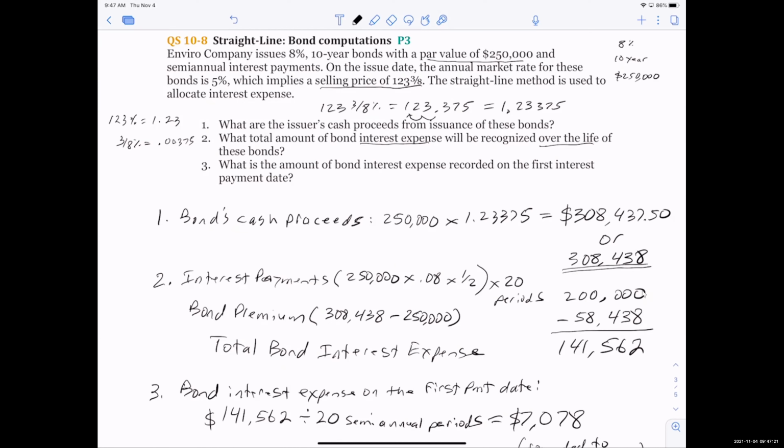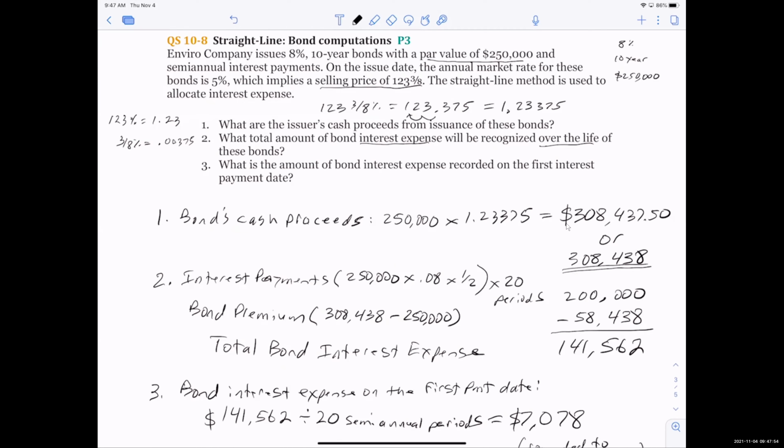But wait, we've got to amortize our bond premium. And remember, our bond premium is money that we received, but we don't have to pay back. So it's going to reduce our interest expense or interest cost. Why? Because it's going to offset it. I guess I need to calculate that.